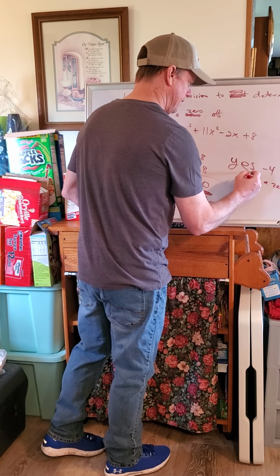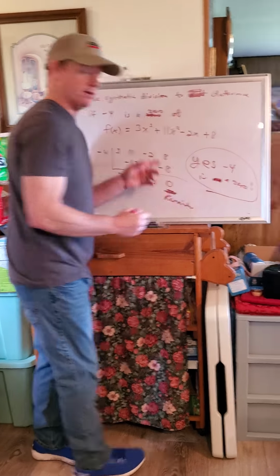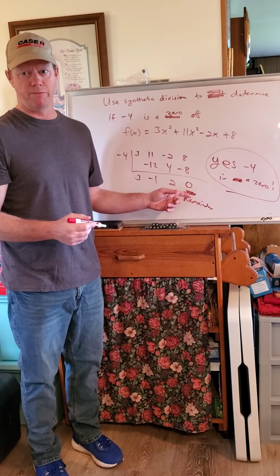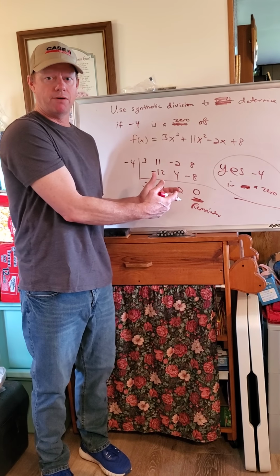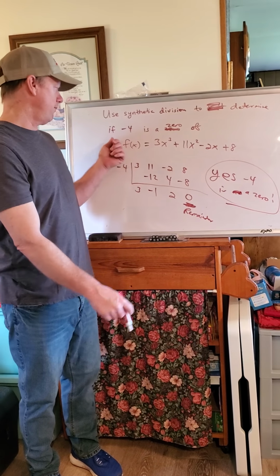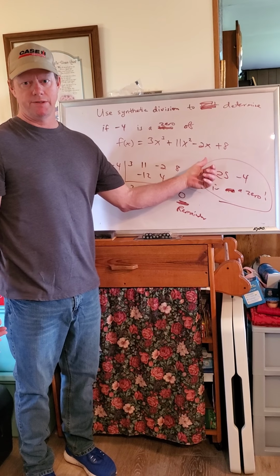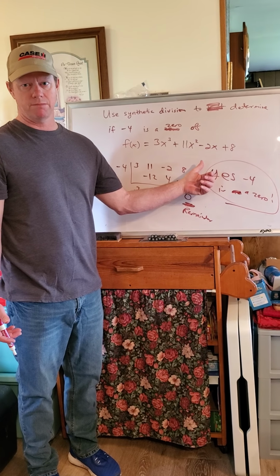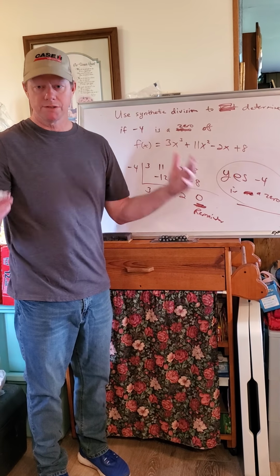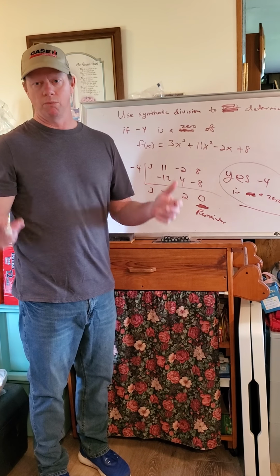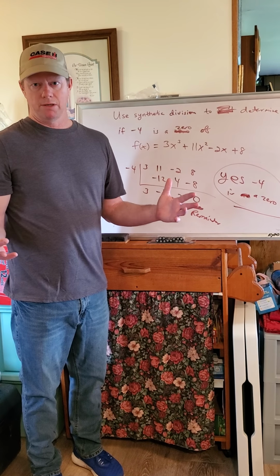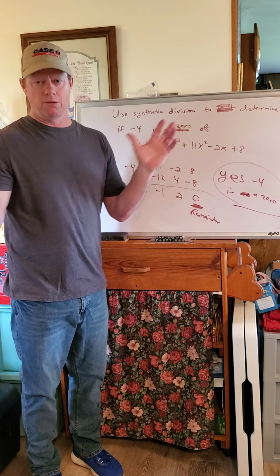It's an answer, and the reason for that is because we got 0 for a remainder. If we would not have gotten 0 for a remainder, then negative 4 would not be an answer to this equation. It would not be an x-intercept. It would not be a 0. Zeros, x-intercepts, roots, answers to equations, solutions, they're all the same thing.